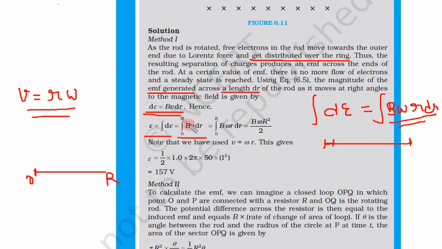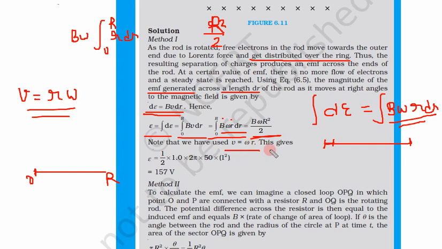So from 0 to R of B v dr, and in place of v we put omega r, giving B omega r dr. Since B and omega are constant, they come out. The integral of r dr from 0 to R is r squared upon 2, and putting the upper limit it becomes R squared. So we get B omega R squared upon 2.